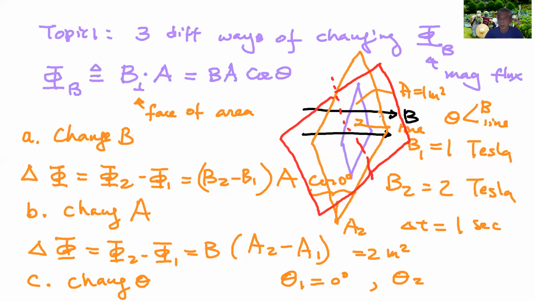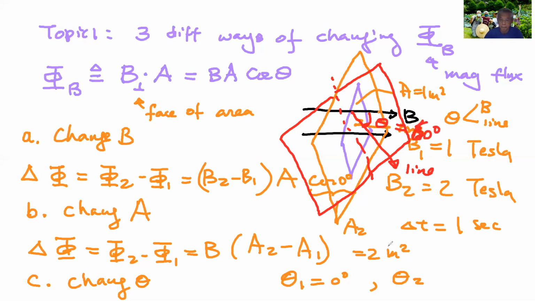Okay, so now the perpendicular of the area is going this way. This is the line, and the B is still in the same direction. So now you have a theta right there. Let's say theta is equal to 60 degrees, for example.